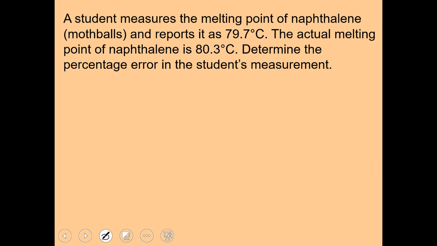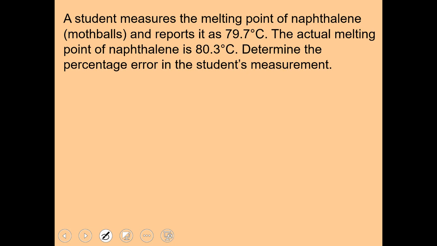Here's another one for you to try. What I'd like you to do is pause and do this problem, and identify the observed value and the accepted value. Plug them into the equation.